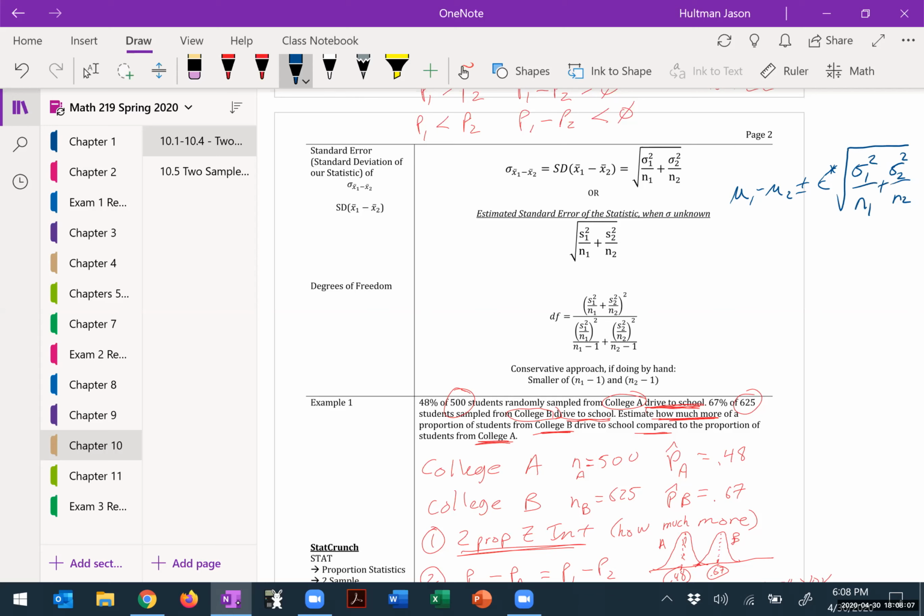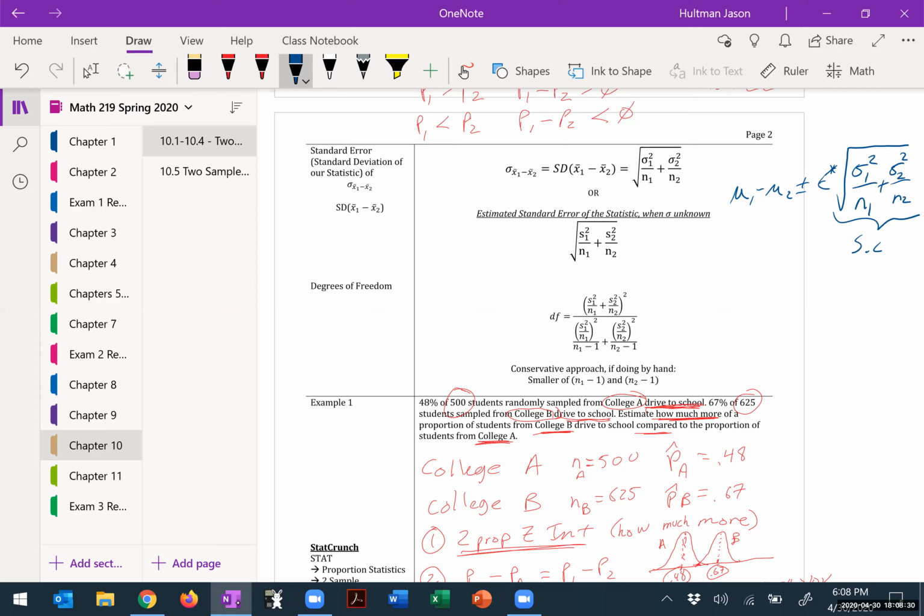I'm comparing the standard deviation of one population squared over n to the standard deviation of the other one squared over the number of items in that second population, and then I'm adding them together, square rooting the whole thing to get what's called standard error.